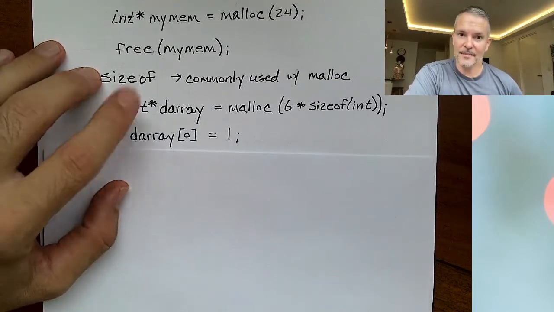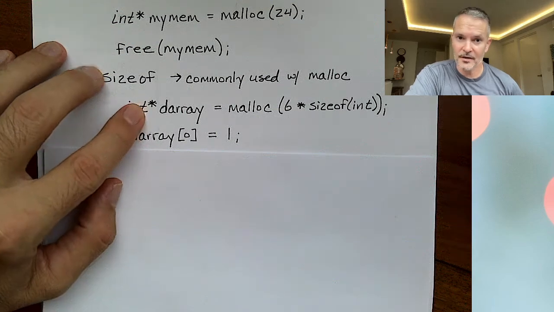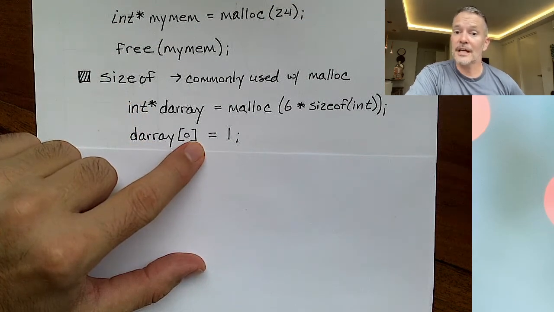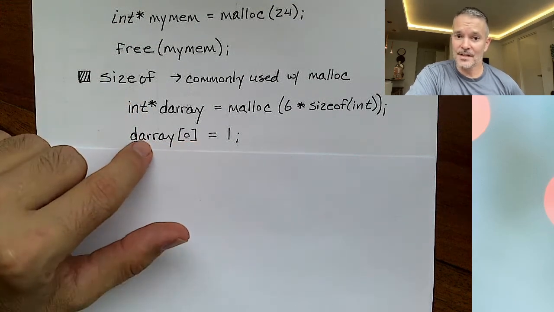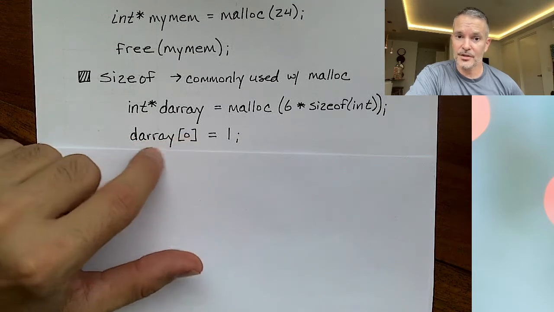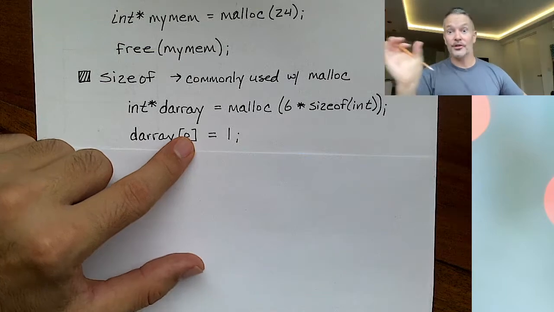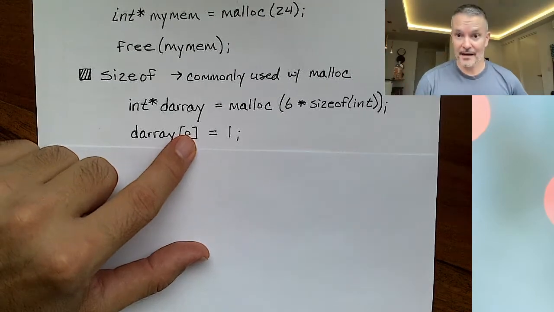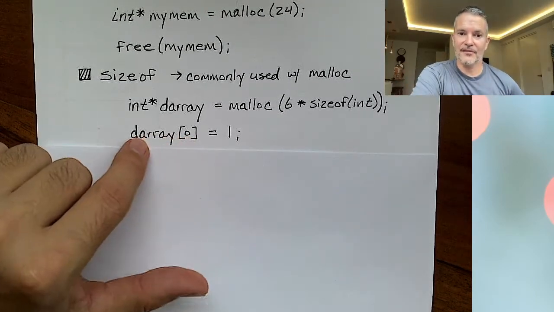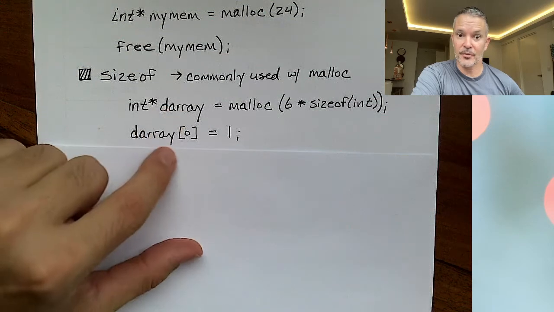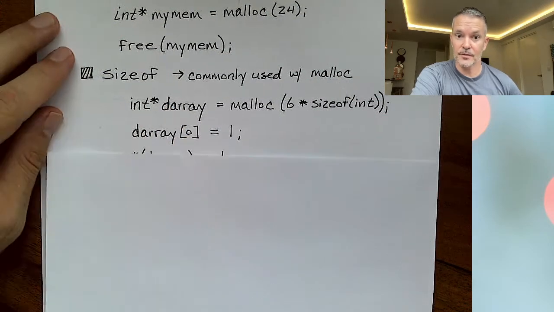Once I've done this, this pointer that I've declared can be used much like an array. What happens is the compiler is going to convert this bracket syntax into pointer arithmetic on our behalf. So if I want to get the first integer in this area of memory, I just say darray[0].